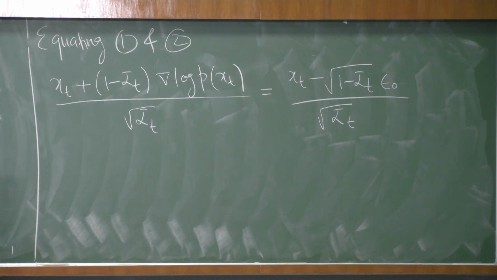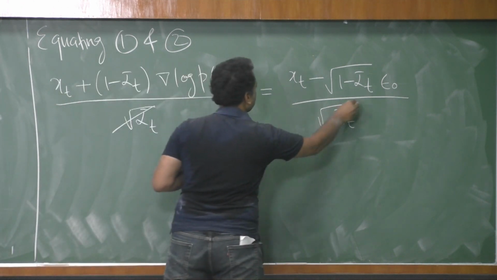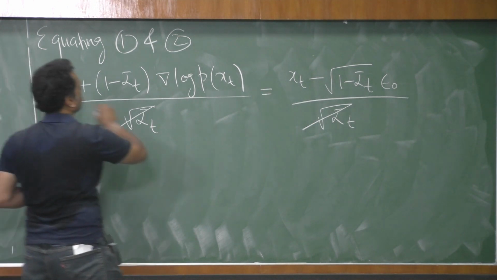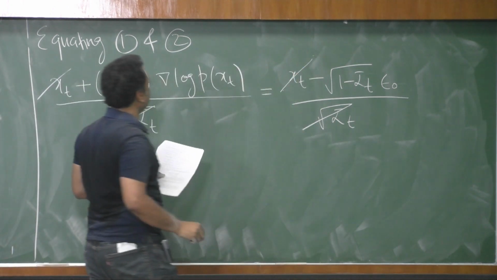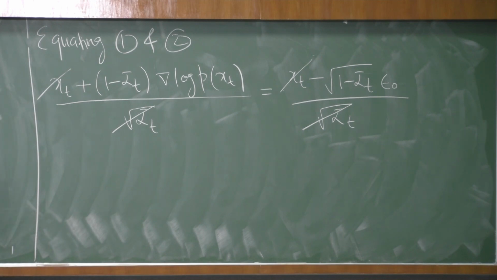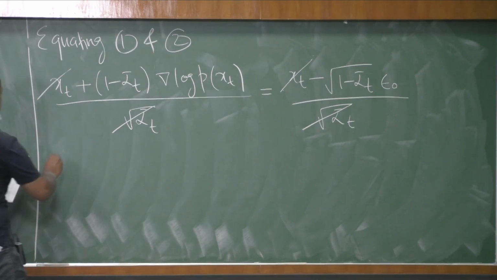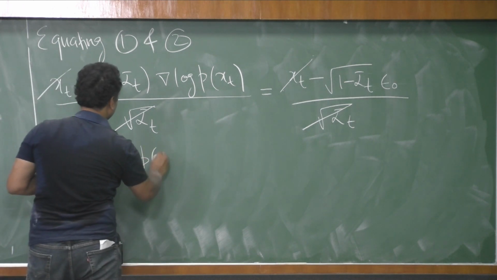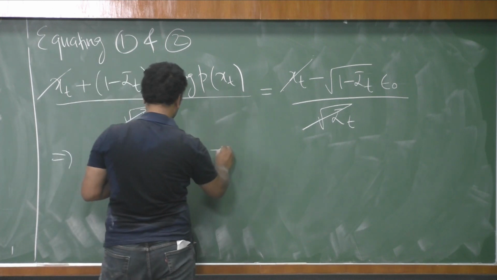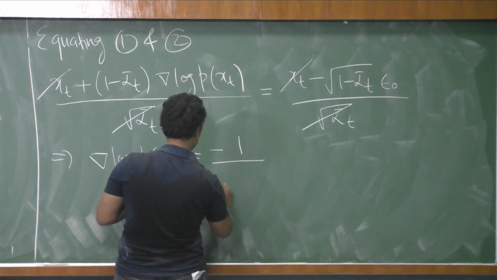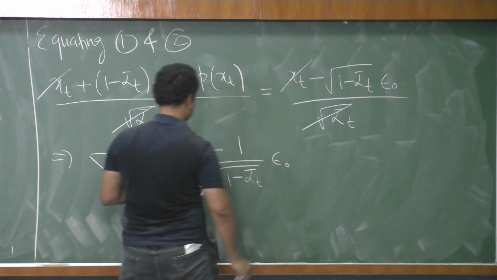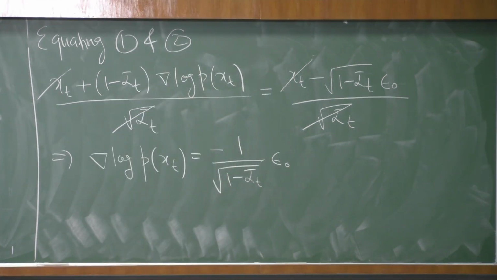There will be cancellations obviously, so these get cancelled, and the xt terms will also go away on both sides, and 1 minus alpha bar t. There is a square root there, so that's the only difference. So this implies that if we solve, then we have grad log of p(xt) is equal to minus 1 by square root of 1 minus alpha bar t epsilon naught. The relationship between the score function and the original noise.